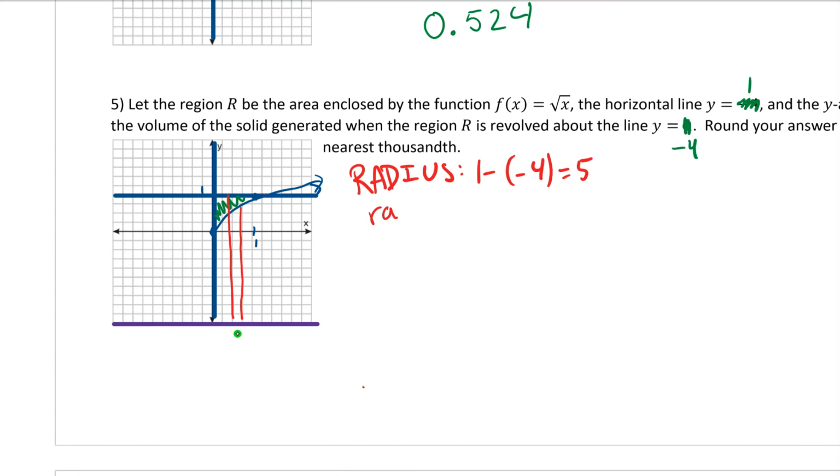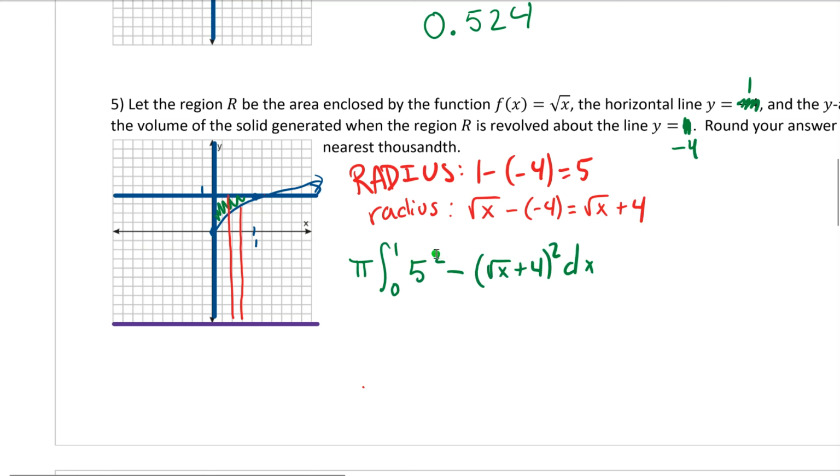Now the little radius will be the upper one here, which is square root of x minus -4. So what we're going to integrate is this thing from 0 to 1, and then we'll have 5 minus this thing. So give me a second, and I will write that all out.